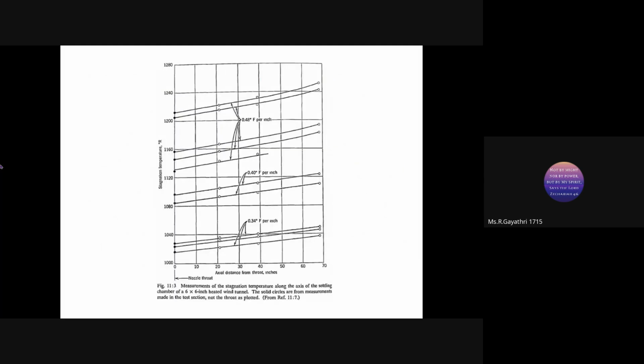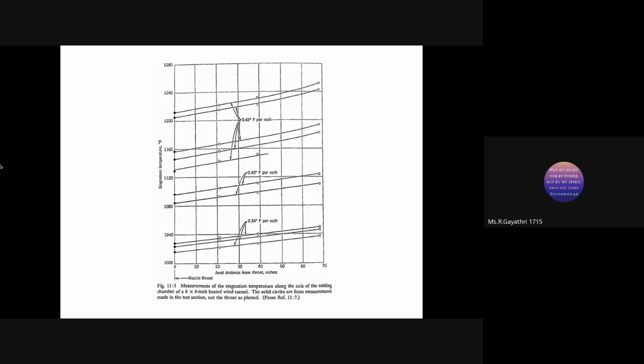This is the diagram of measurements of the stagnation temperature along the axis of the settling chamber. Here the solid circles are from measurements made in the test section, not the throat as plotted. So okay, we can see changes in the settling chamber and in the throat also.